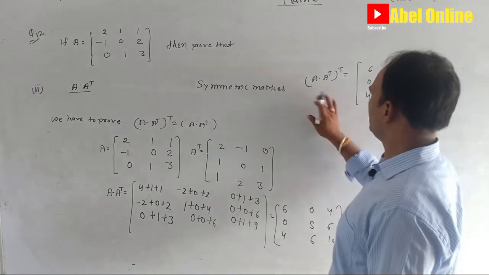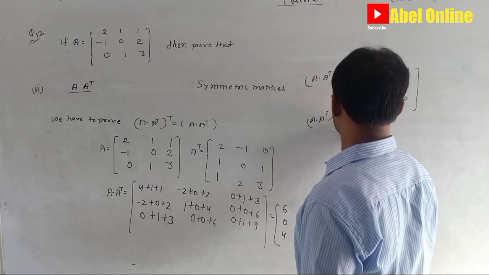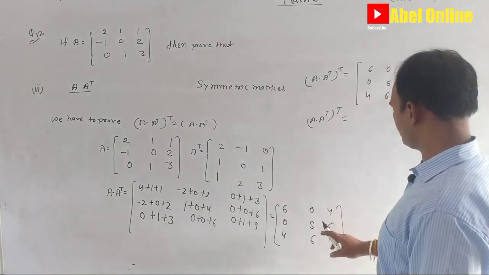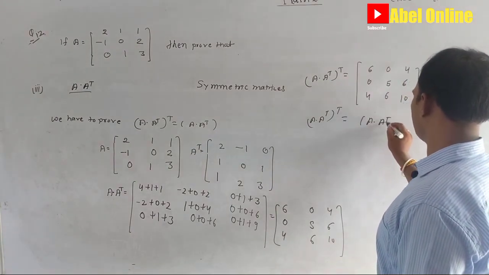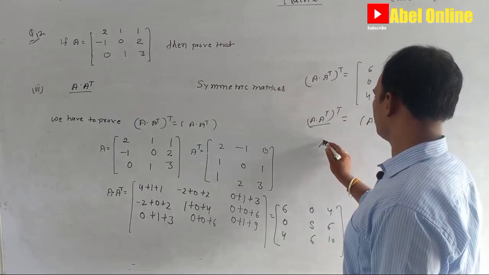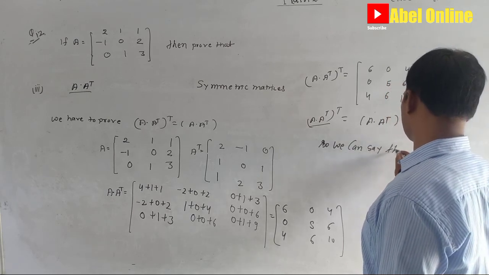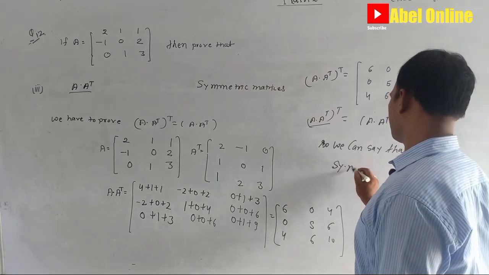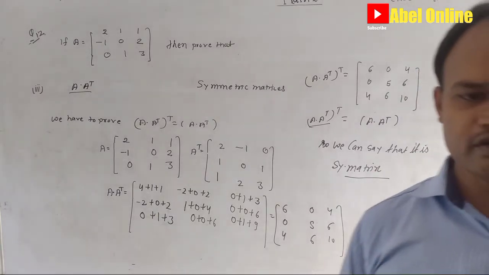So (A into A transpose) transpose equals A into A transpose, which is 6 0 4, 0 5 6, 4 6 10. If its transpose equals this, we can say that it is a symmetric matrix. So this is your answer.